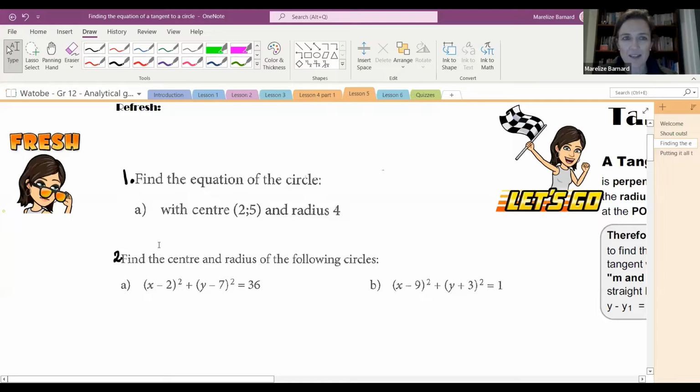So we are finding the equation of the circle in question 1A with the given center and the radius. And then in question 2, we're finding the center and the radius from the given equation. Pop your answers in the chat. This is just to warm up and get us thinking.